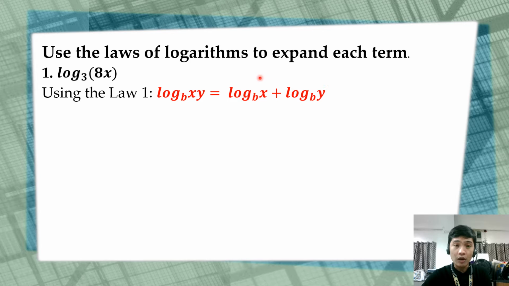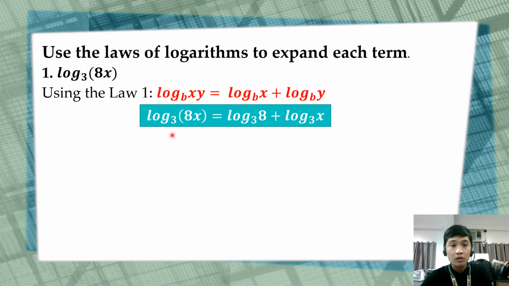If we apply this pattern to our given, logarithm of 8x base 3, the expanded form will be logarithm of 8x base 3 is equal to logarithm of 8 base 3 plus logarithm of x base 3. So we just simply follow the pattern.